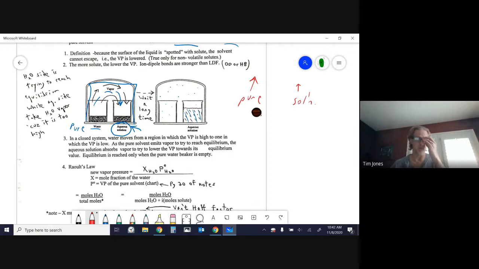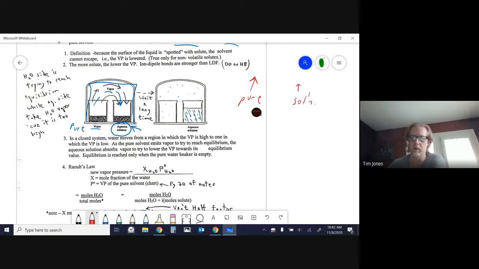Now, this happens very slowly. It does actually happen. And so at school, I'm going to set up this system. I'm not going to use salt water and pure water because it goes way too slow. I'm going to use concentrated sulfuric acid on one side.